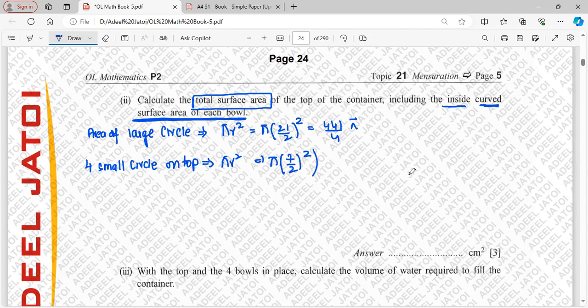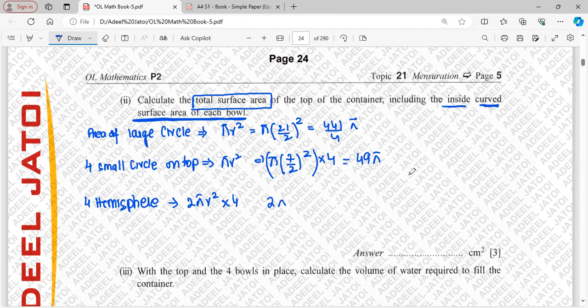And then we will multiply this by 4. Why do we multiply by 4? Because there are 4 small circles. So what we'll be getting is 49 pi. But we need to take 4 hemispheres, that means the inside surface of the hemisphere, so 2 pi r square multiplied by 4.